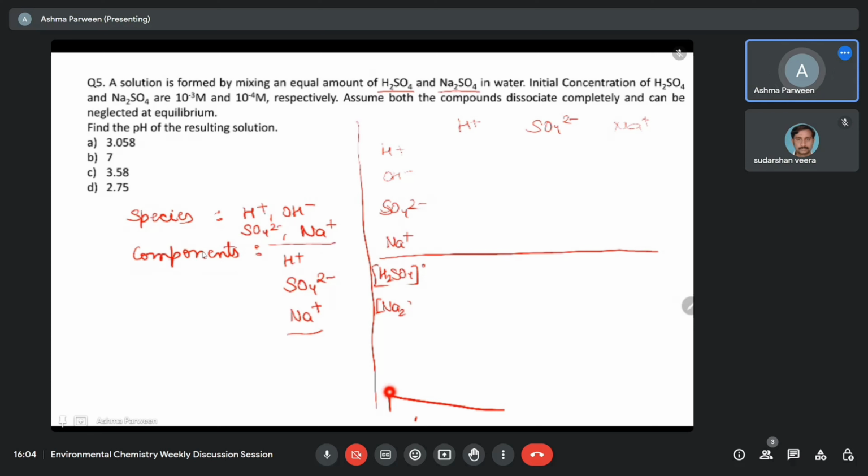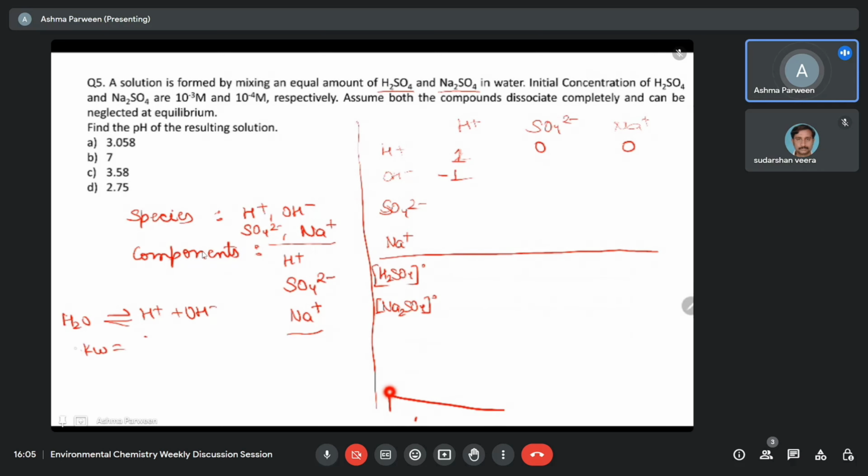So from the formulation equation we will know that H plus will give us 1 H plus, 0 SO4 2 minus and 0 sodium ion. For hydroxide ions we will have minus 1, because as we know H2O will give us H plus and OH minus ions.